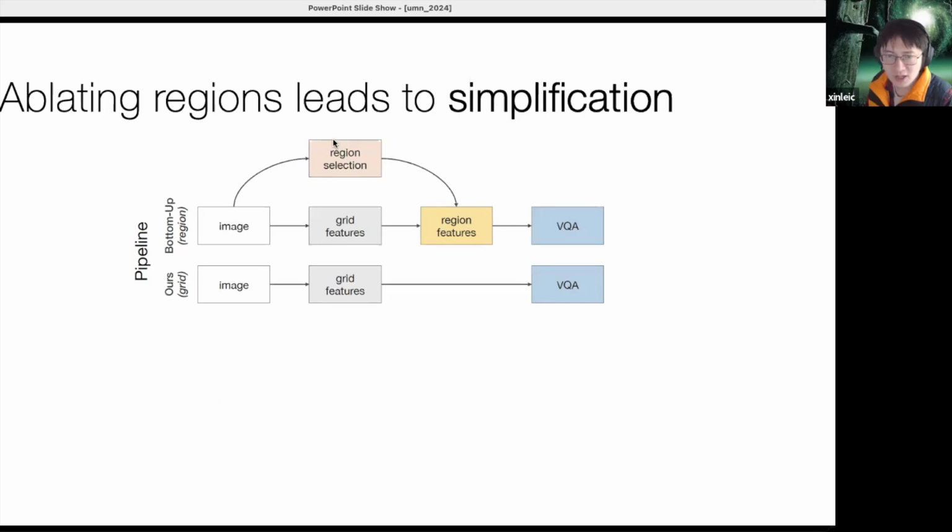So first of all, it's a simplification because it removes the region selection and the region feature computation operations. We just have an image, compute grid features, and we use them for visual question answering.